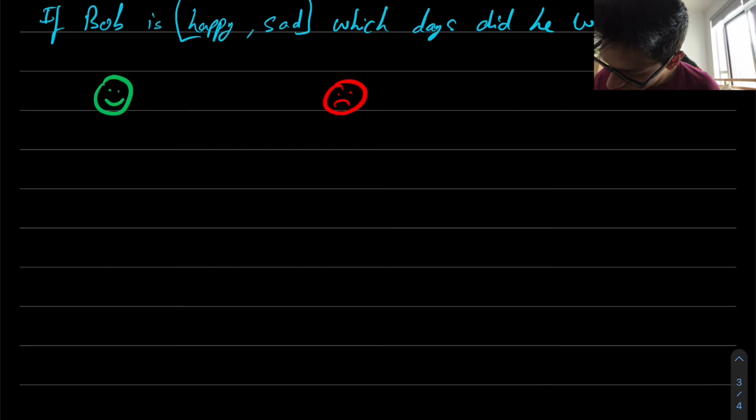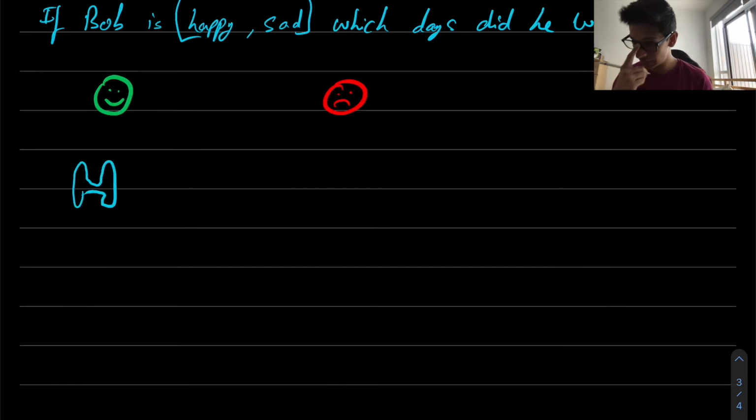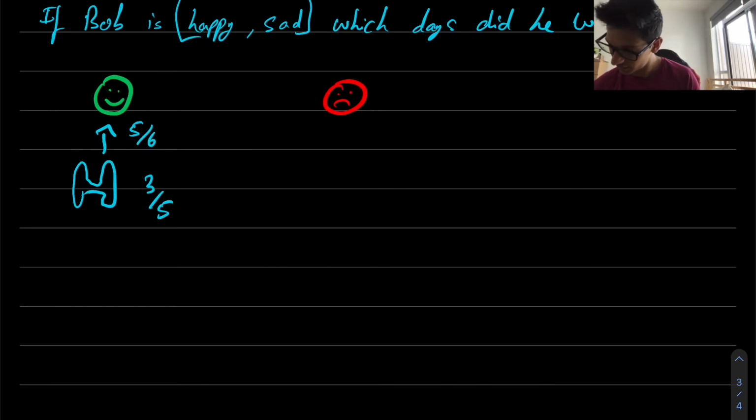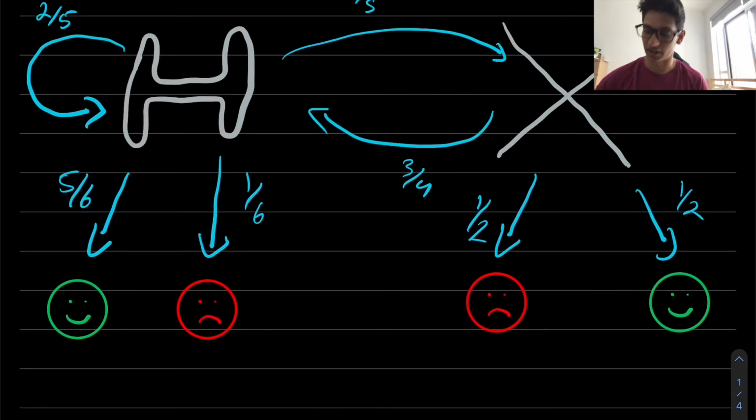So the probability that he worked out on the first day is, as we calculated before, 60%, so 3 out of 5. And the chance of that making him happy is 5 out of 6.